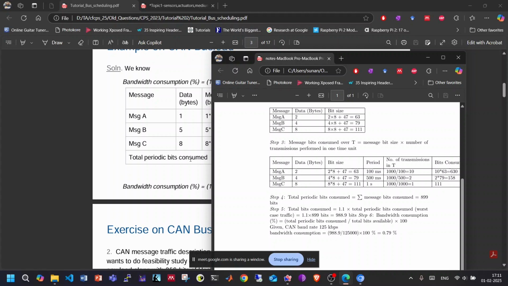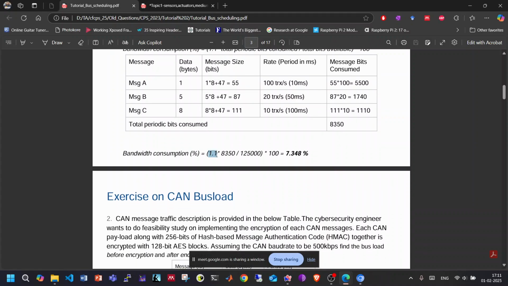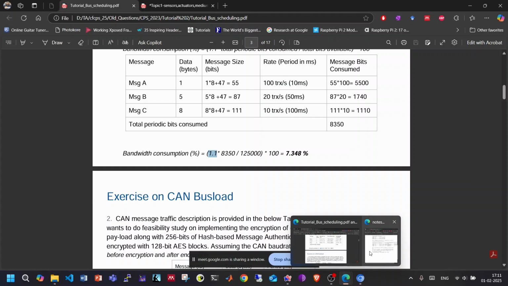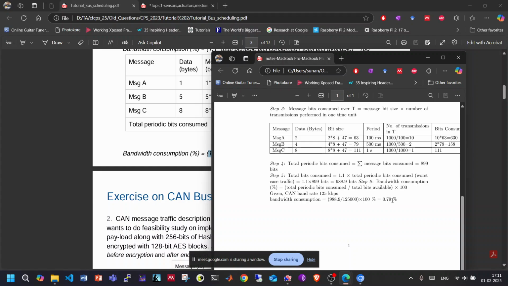This is explained in the lecture, right? Hello? Not able to recall.